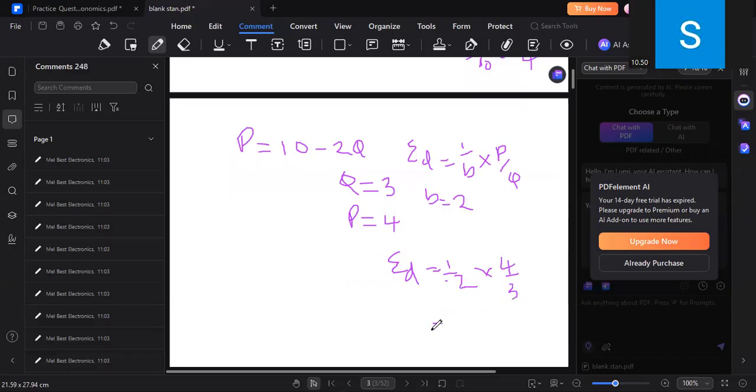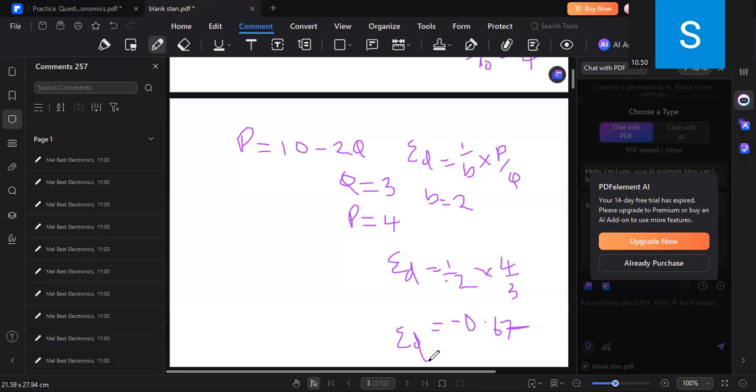What is 4 over 6? So that's 2 over 3, 0.67, negative. What do we have as a comment here for elasticity? Is it elastic or inelastic or unitary? It's inelastic. Yes, it's inelastic.